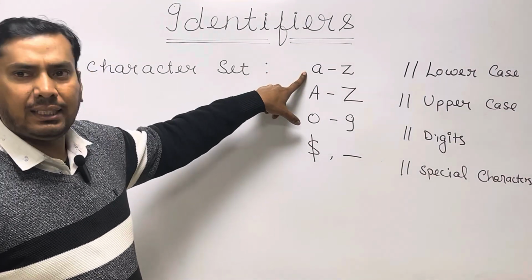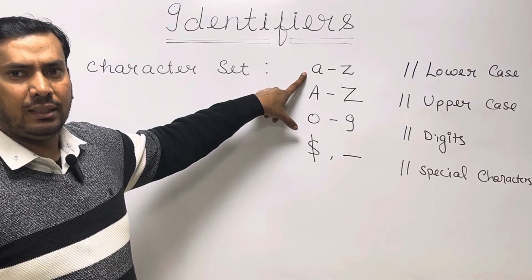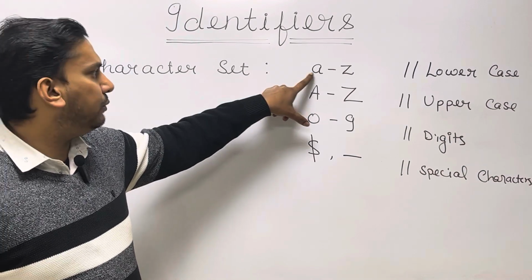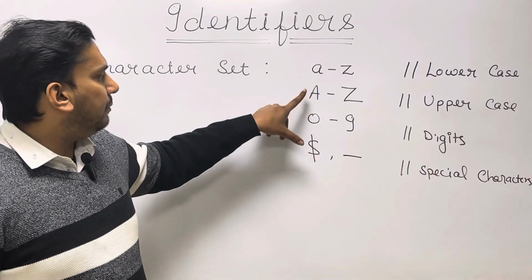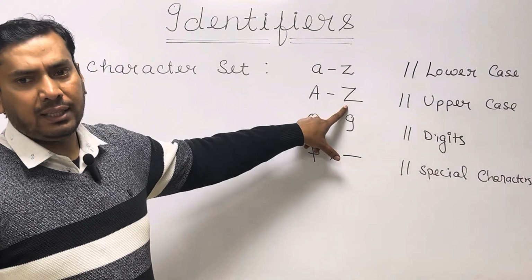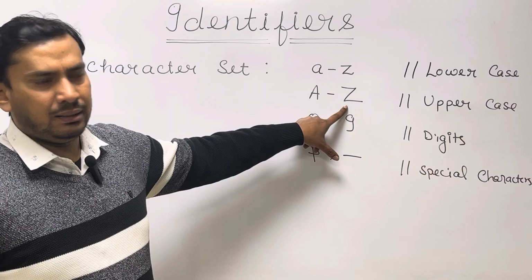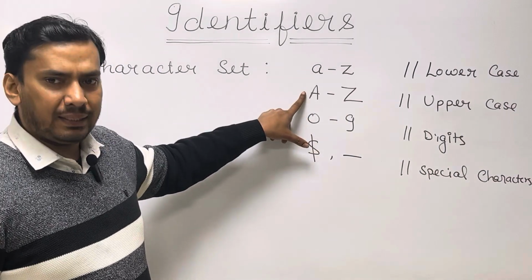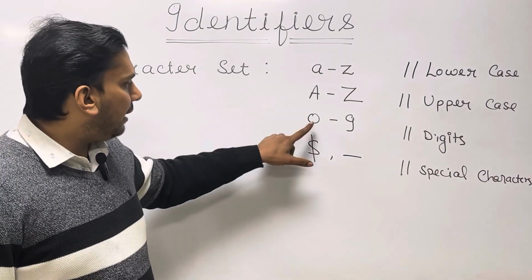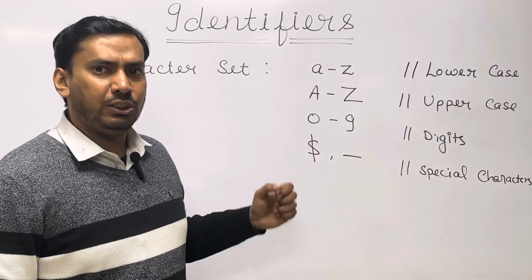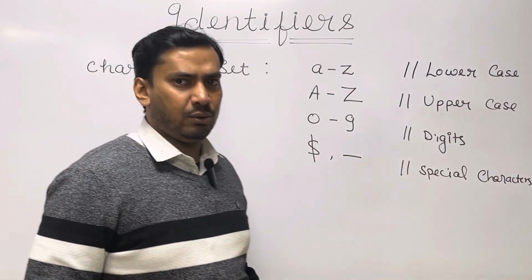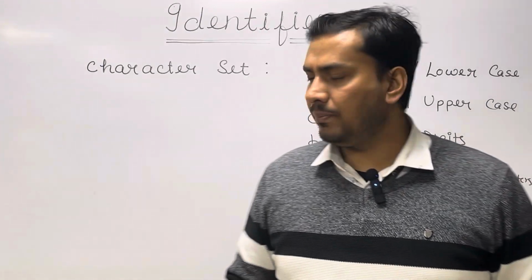26 characters, lowercase alphabets a to z, you can use any character in lowercase. Similarly, A to Z, any character in uppercase. So, a total of 52 characters. Then we have the digits. All the 10 digits, 0 to 9, are allowed in the identifier.